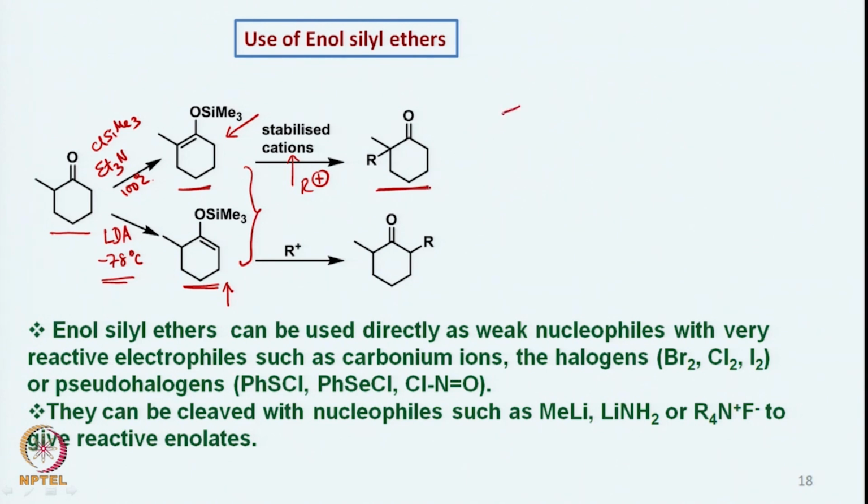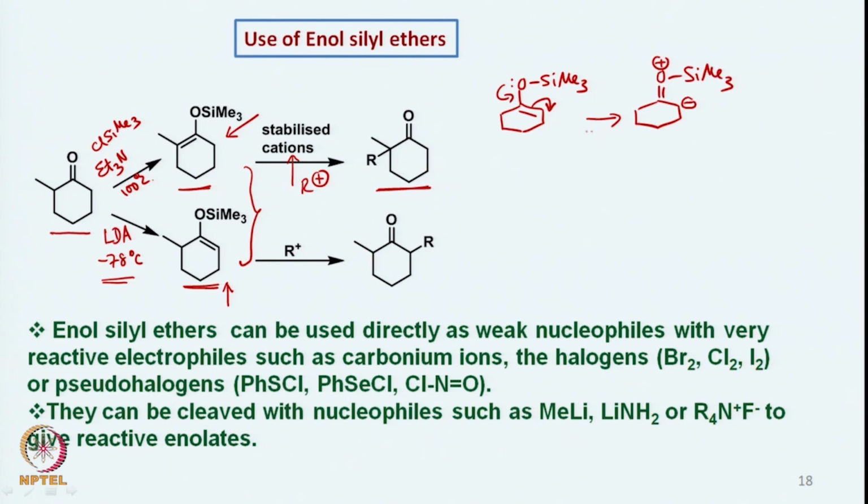Now it is important that we have this enol silyl ether, and therefore the oxygen silicon bond is strong, oxygen is involved in this, and therefore the formation of these type of intermediates is not easily possible, because you have a positive charge on electronegative oxygen.